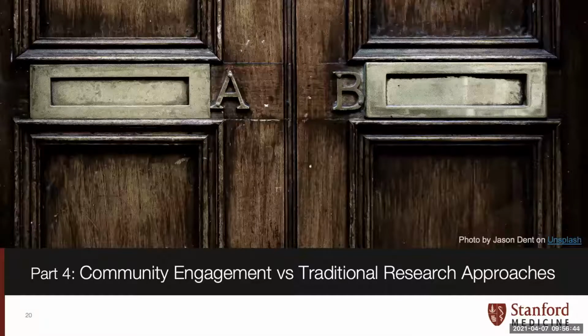So we wanted to compare. You're getting a lot of sense of community engagement. Some of you have a lot of experience in this area, and we've been oftentimes comparing to traditional research approaches. This is also one of our learning objectives, just for you to get a sense of one or two areas in which community engagement is a little bit different in that approach.